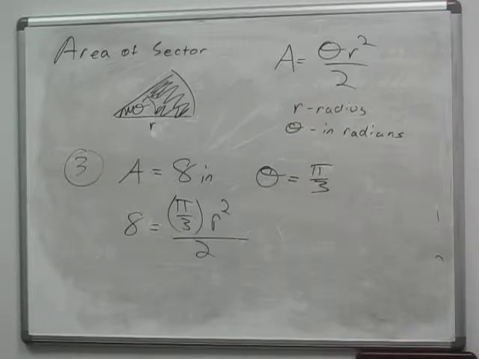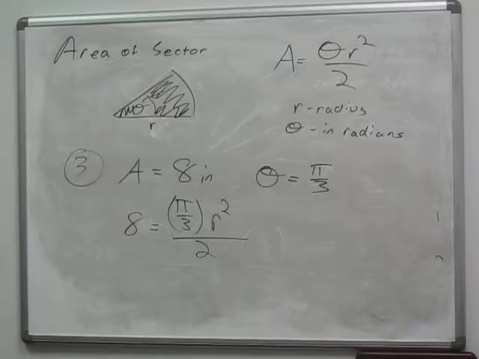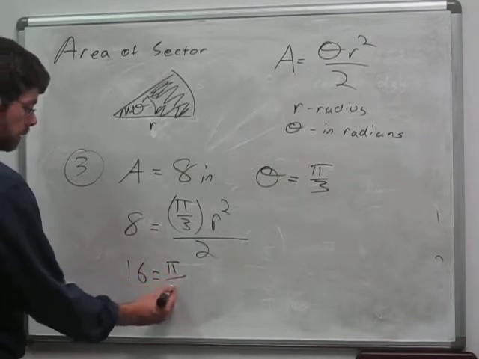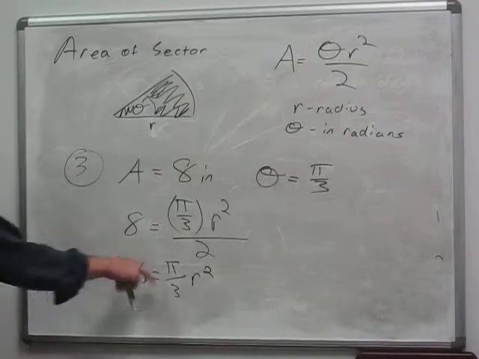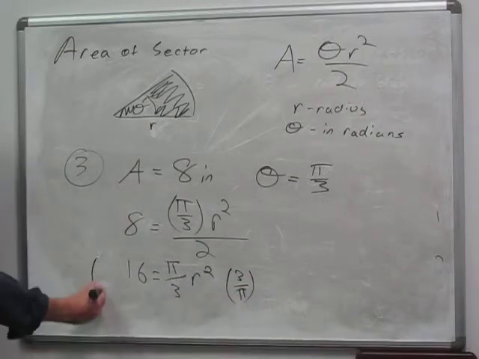So a number of ways to do this. The unknown here is the radius. So what if we start this by just multiplying both sides by 2? And we get 16 is pi thirds r squared. To get rid of the pi thirds, I want to multiply both sides by 3 over pi.